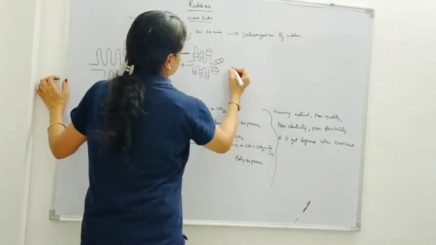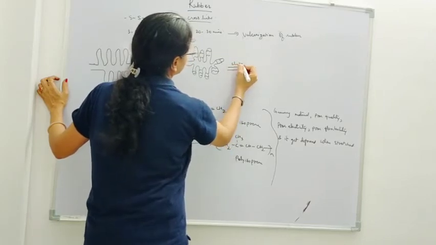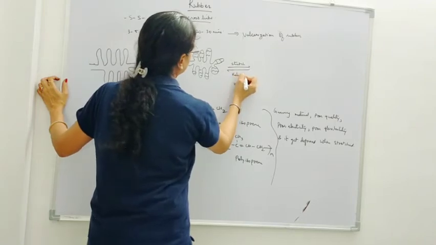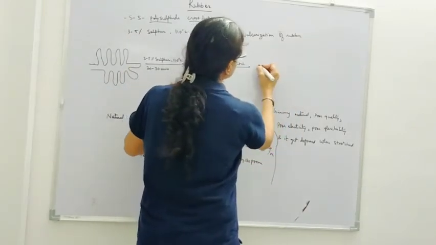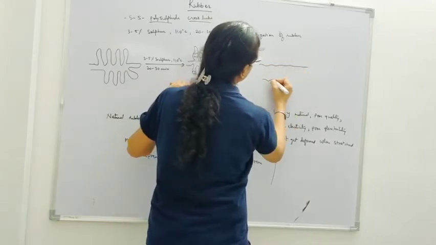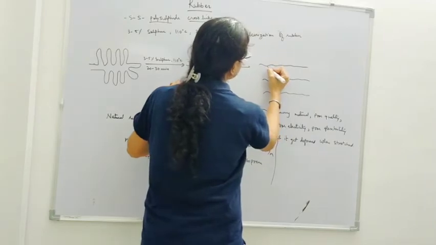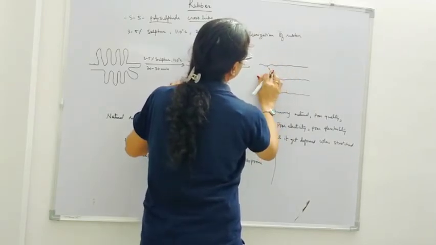Okay. So when you stretch it, what will happen? You can see these are the chains of rubber, and these are the S-S polysulfide cross links over here.